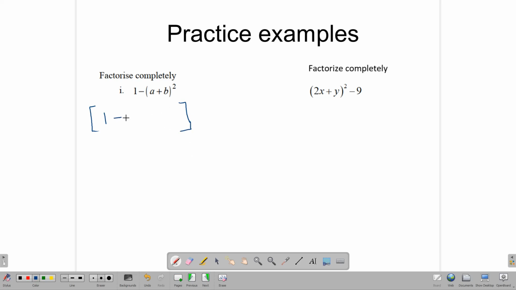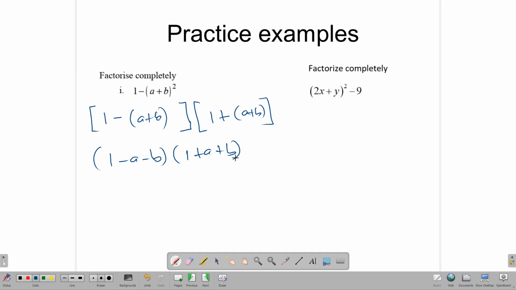So 1 minus the square root of this, which turns out to be a plus b, and 1 plus a plus b. Now, in using this one, notice that when we remove this bracket here, because of this minus sign, this is going to become a minus a and a minus b. So we write 1 minus a minus b, and that is good. And then we write 1 plus a plus b, and we're through. That's simply it. So like I said, it's a very, very interesting idea. It doesn't take a lot of work. It doesn't take a lot of understanding to do.